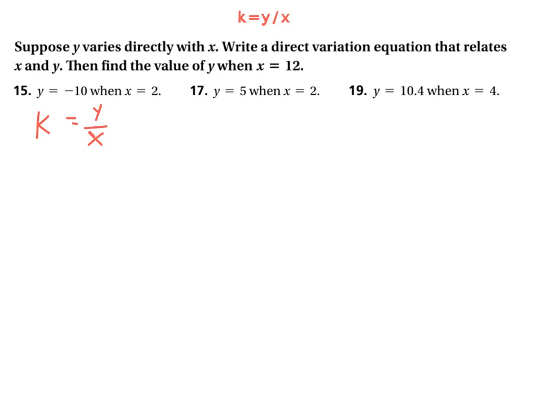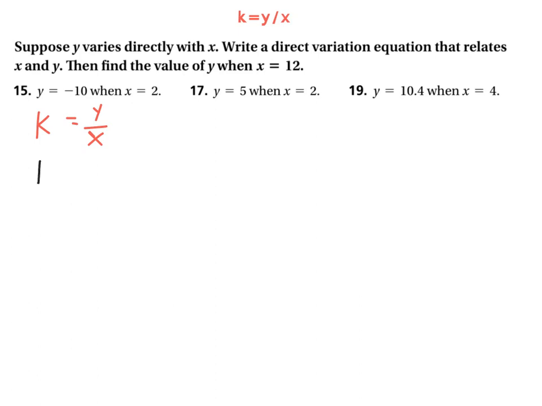For number 15, it says, suppose y varies directly with x. That means we know we're dealing with a direct variation situation. We're going to write the equation that relates these two numbers that they've given us here: y equals -10, x equals 2. We're going to do that by plugging it into here.